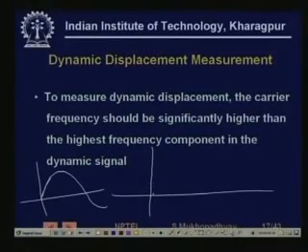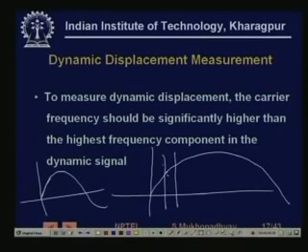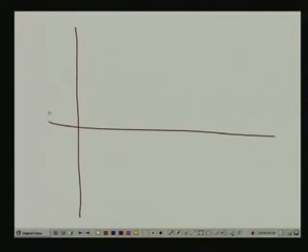So you see this is the motion. At any point, if you take a small time interval and assume that it is remaining constant, which is an approximation, then during this time you are going to get an AC. Actually, this is very important to understand.